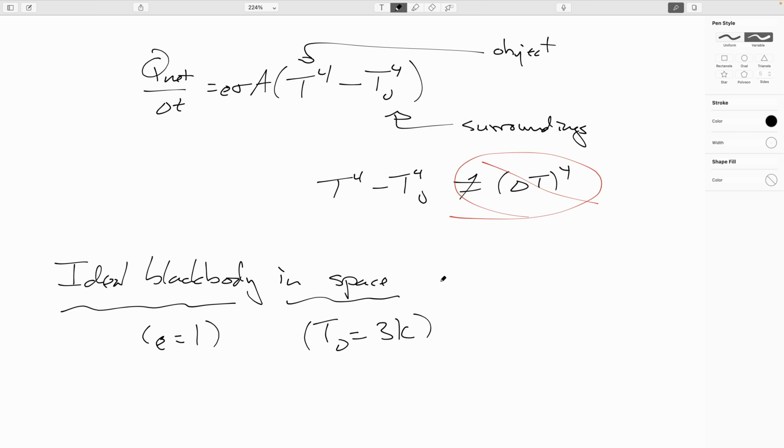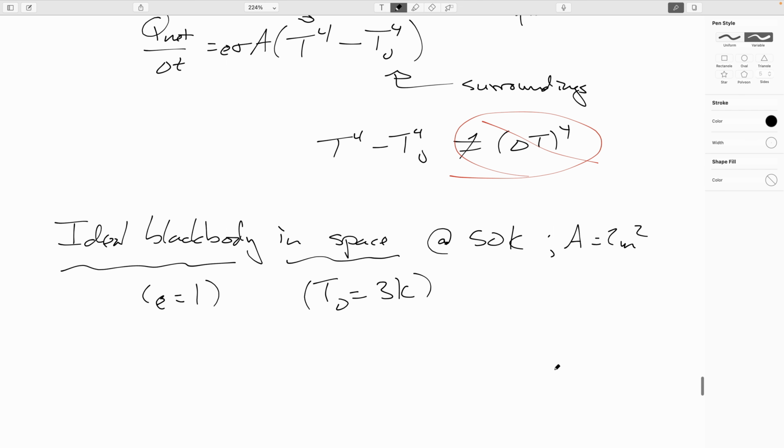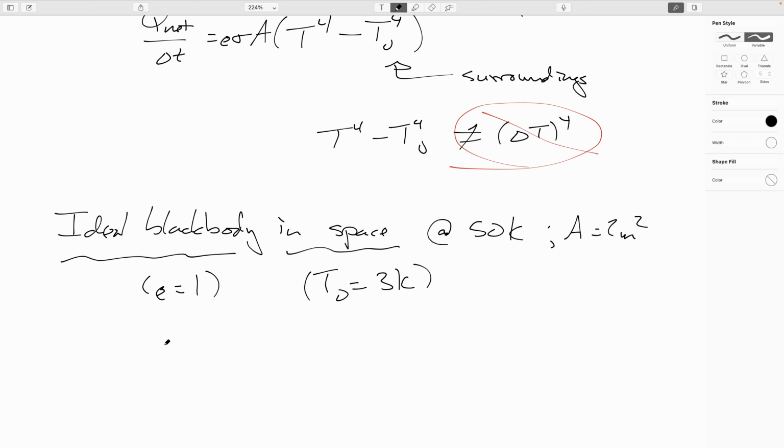So let's say the satellite is at 50 Kelvin, so it's pretty cold. And let's say the surface area is 2 square meters. Let's find the rate at which we are dissipating heat. Because we are being surrounded by something, we have to use the relationship where we take into account the difference in the fourth powers.